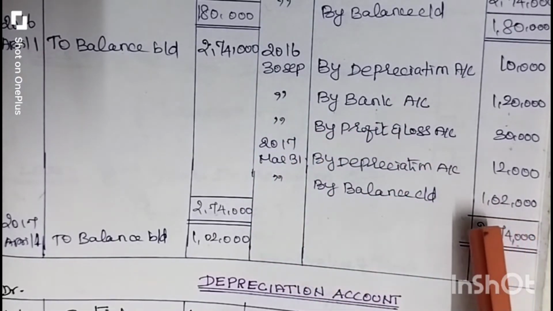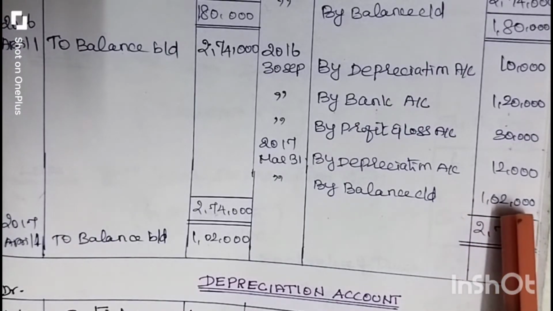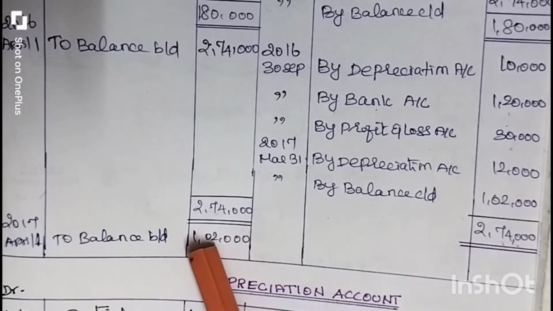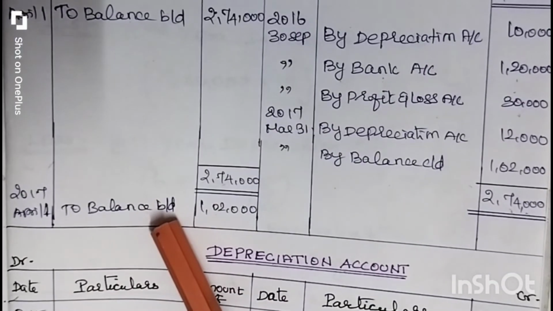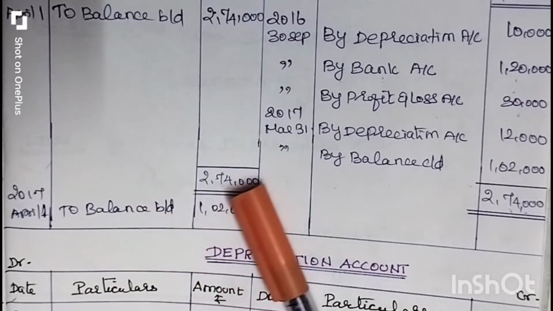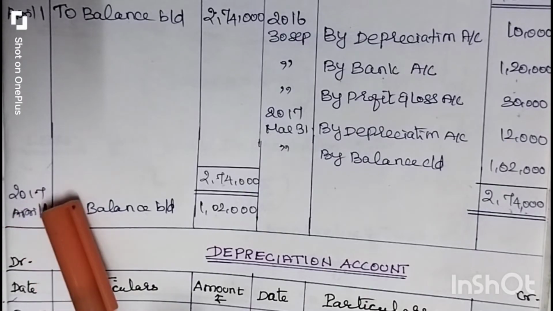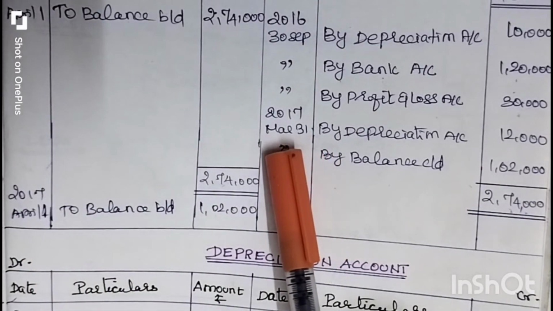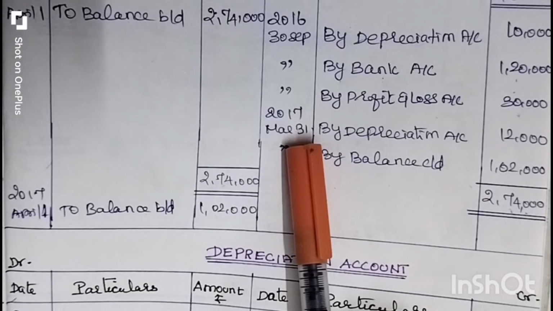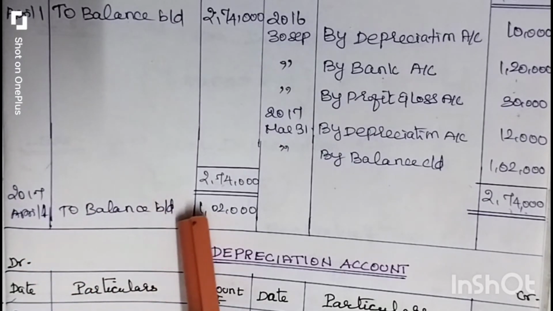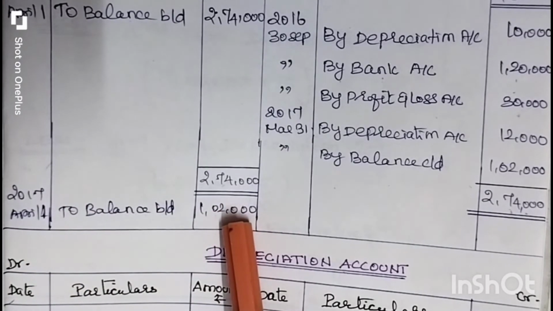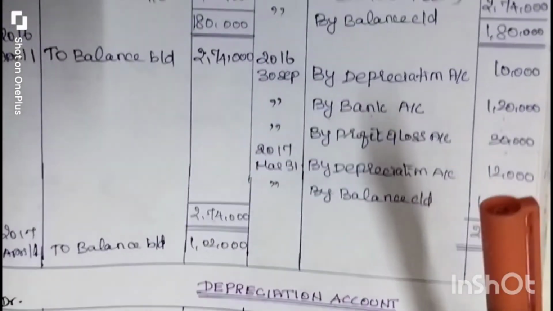Now you bring that 1,02,000 to the opposite side and enter it below the total, writing to balance brought down, dated 1st April 2017, the next day from March 31. This is the next accounting period, and the opening balance of the machinery account is 1,02,000 rupees. So we prepared the machinery account.